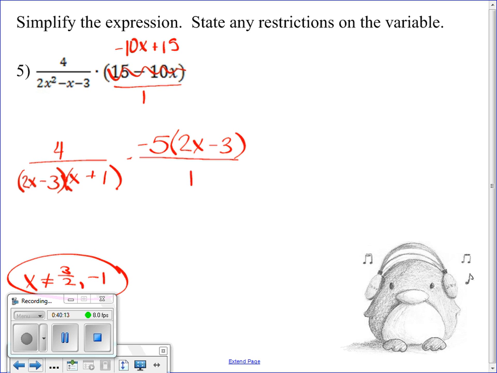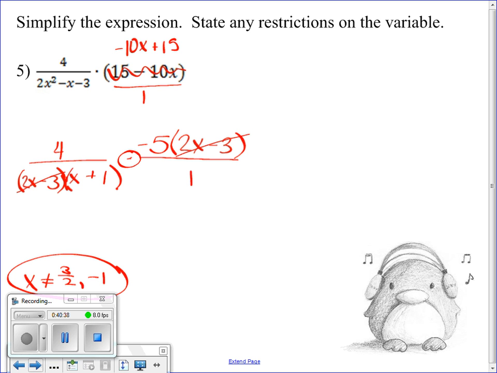Does the 1 at the bottom give me a restriction? No. There's no X there, so I don't care. Next step, cancel. Anything cancel out of that? 2x minus 3? All right. That's about it. So, on the top, hey Eli, what's that dot mean?